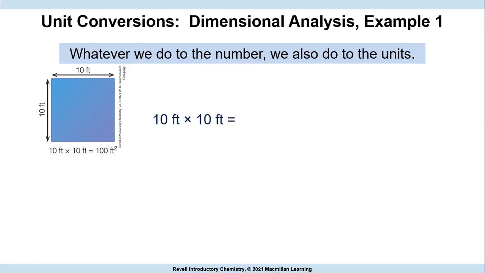We have said whatever we do to the number, we also do to the unit. So we have 10 times 10, we are going to have 100. And we also do it to the unit. Feet times feet gives us feet square. So that is going to give us 100 feet square, or square feet. So that is what I mean by whatever you do to the number, you also do to the units.